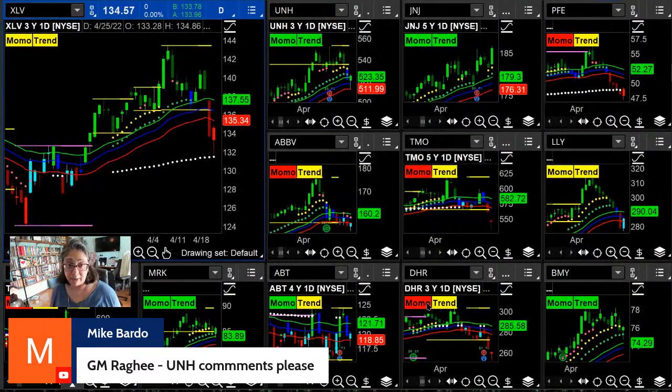Now, I know the tide doesn't look all that great. It lost the wave, two red grab candles, broken wave, broken trend. So the next thing I need to ask myself is, is anything within healthcare ideally past earnings and also double green? I don't want to have to deal with the earnings shenanigans.